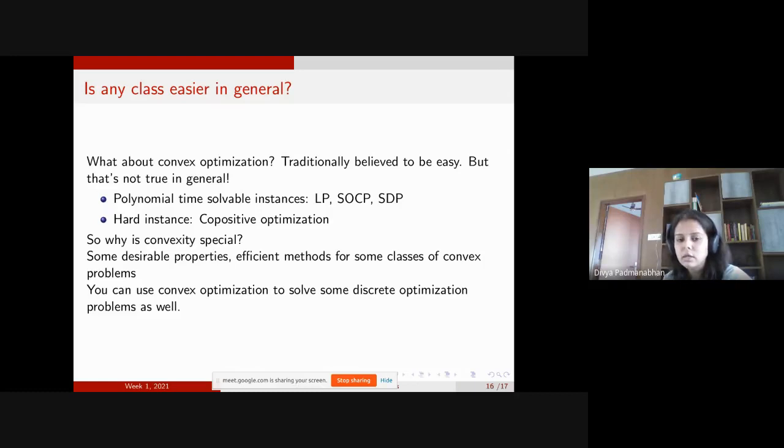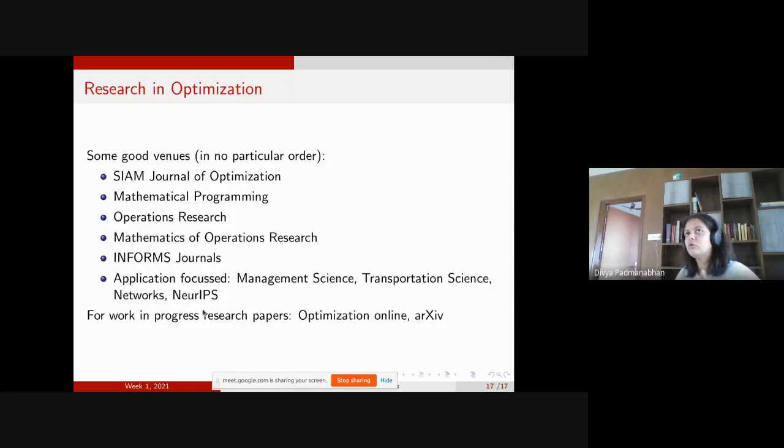So this is just to give you an overall feel of this field. Just before I wind up this class, some thoughts on the research that's been going on in optimization. There are several journals in which people publish their advances, and it's still a growing field. These are some of the good venues if you're interested in pursuing research, like a PhD or further masters. Some of them are very theoretical, like MathProg, SIAM Journal on Optimization, and Math of OR.